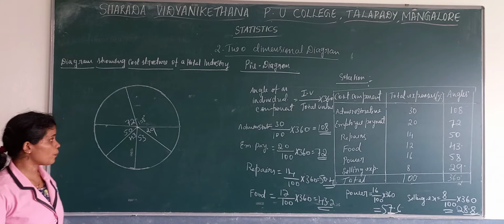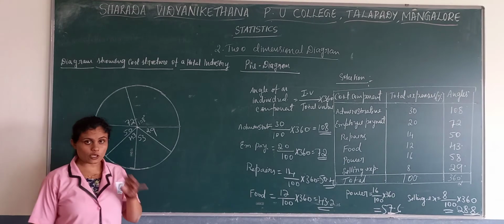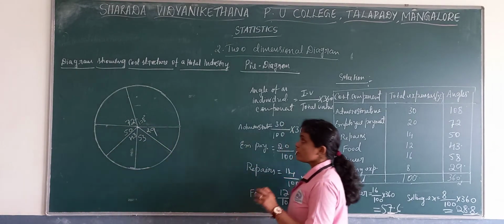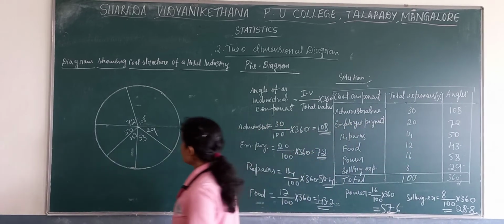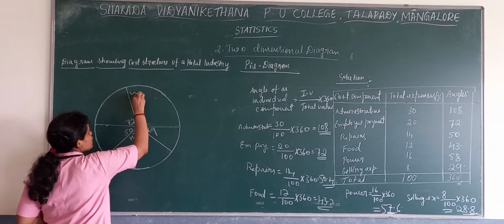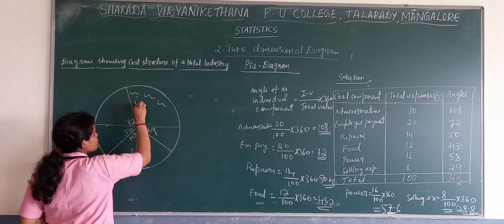This is the pie diagram. Now we have to shade the pie diagram in order to represent different components.